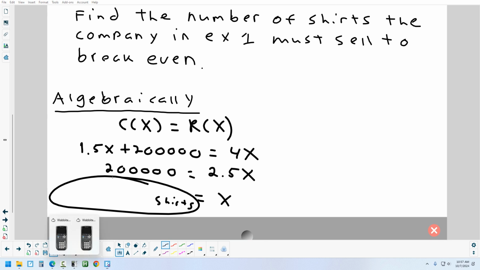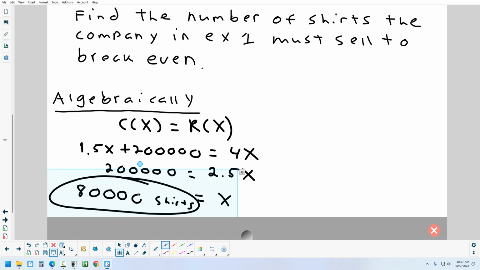Yep, divide everything by 2.5. So that's going to come out to, 200,000 divided by 2.5. You can double check me if you want. That's 80,000. So if you sell 80,000 shirts, you won't have made money or lost money. You'll break even. Now you're at $0 in profit.